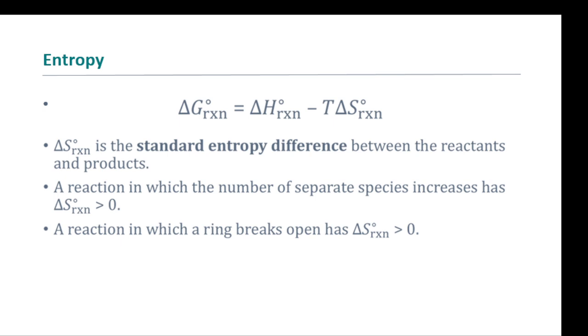Entropy, again, that's the standard entropy difference, is going to be the delta S naught of the reaction. So a reaction in which the number of separate species increases is going to have a delta S naught of the reaction that's greater than 0. A reaction where our ring breaks open is going to have one that's greater than 0 as well. And these are both because we would have more possible states that our products can be in, right? Okay.